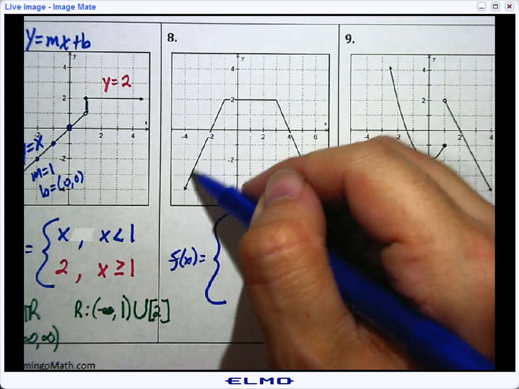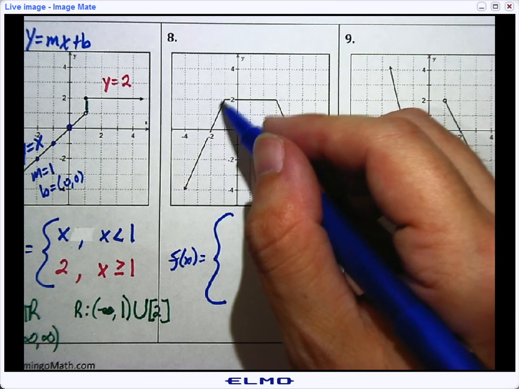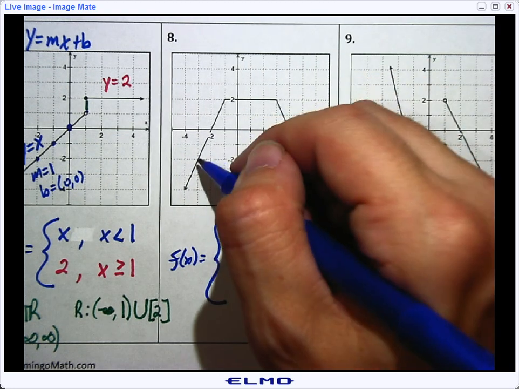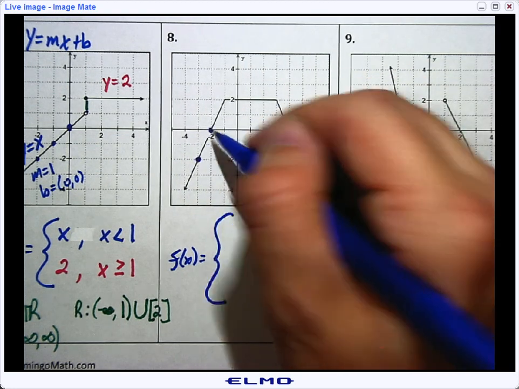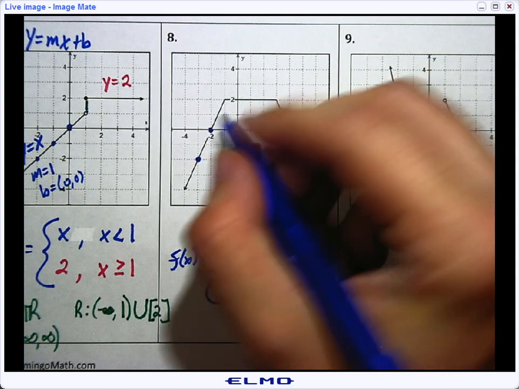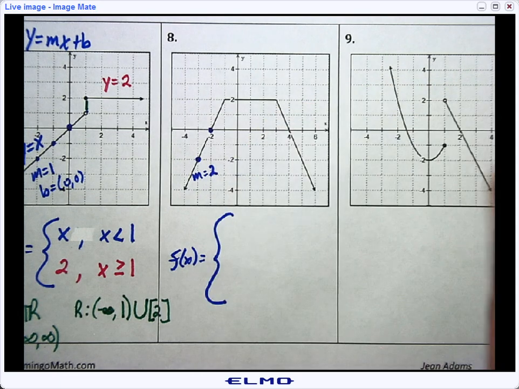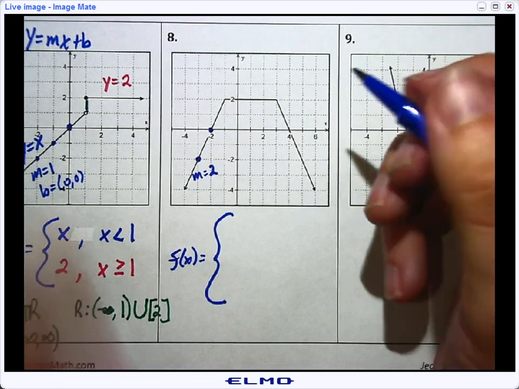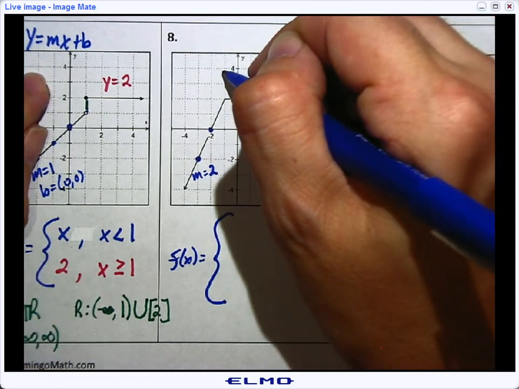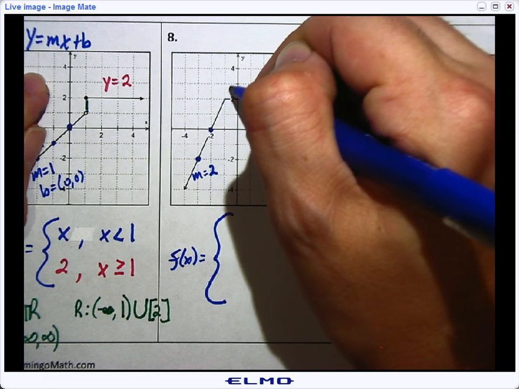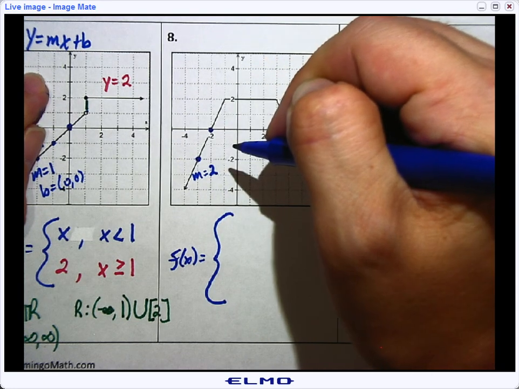Notice your line is going up from left to right, so that's a positive slope. If I pick up 2 points, I go up 2 over 1, so my slope for this line is 2 over 1 or just 2. If I kept going up 2 and over 1, notice this line would cross at positive 4.